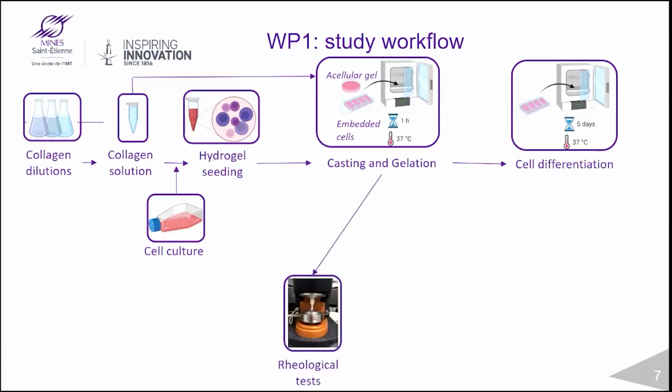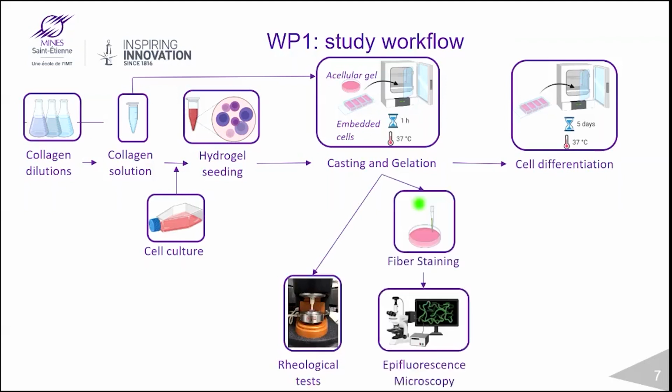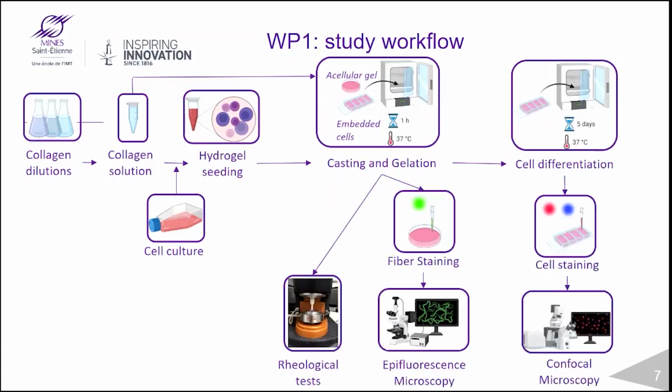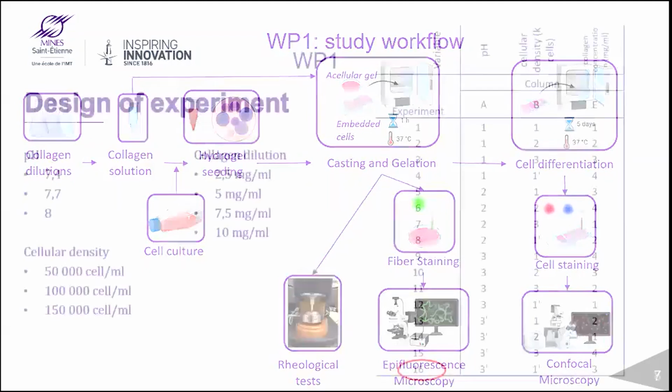And we studied the hydrogels in different ways. For the acellular gels, we did rheological tests. We also did some staining of the collagen fibers, in order to have an idea about the microstructure shape. And finally, we stained the cells to see their morphotype.